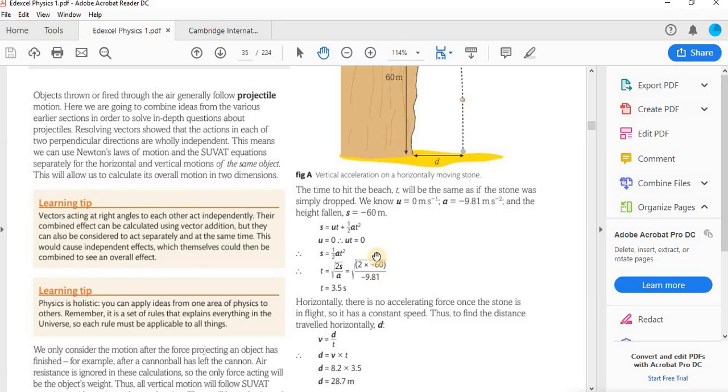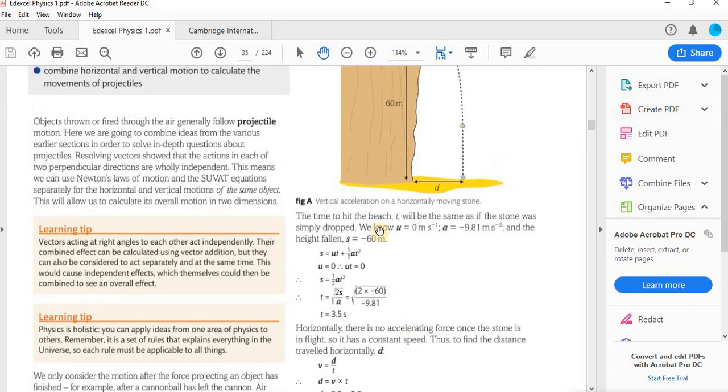By the way, the reason they are using minus 60 here is because they take up as positive. If you take down as positive, then this will be plus 60. It depends on you. If you take up as positive, everything down will be negative. If you take down as positive, everything up will be negative. Here they have taken up as positive.